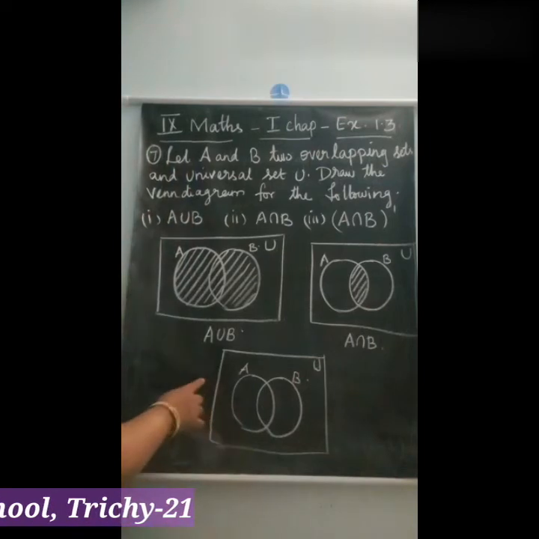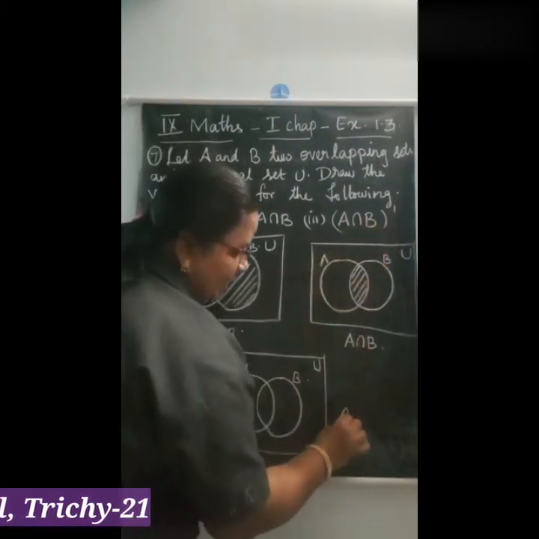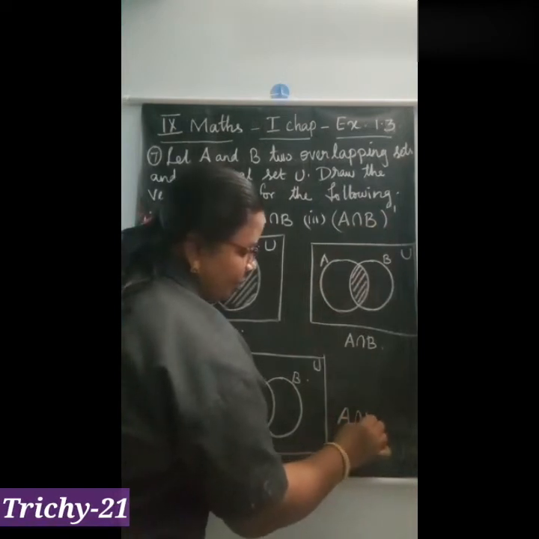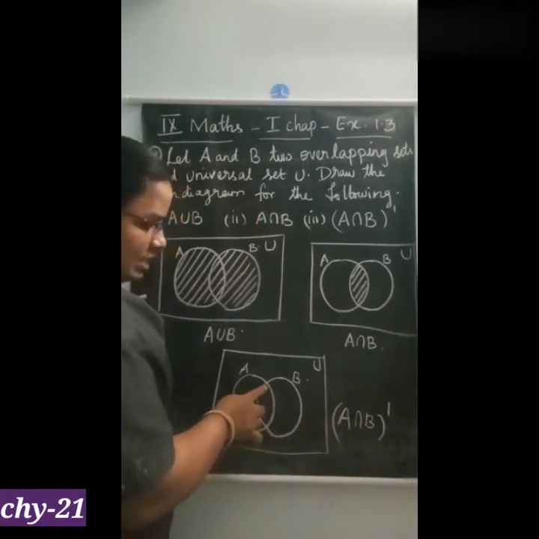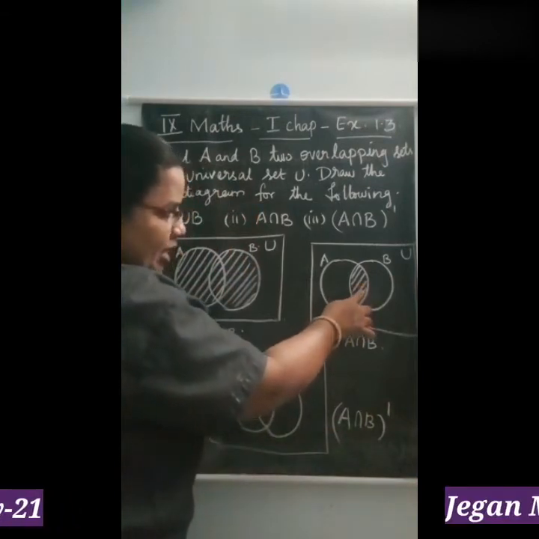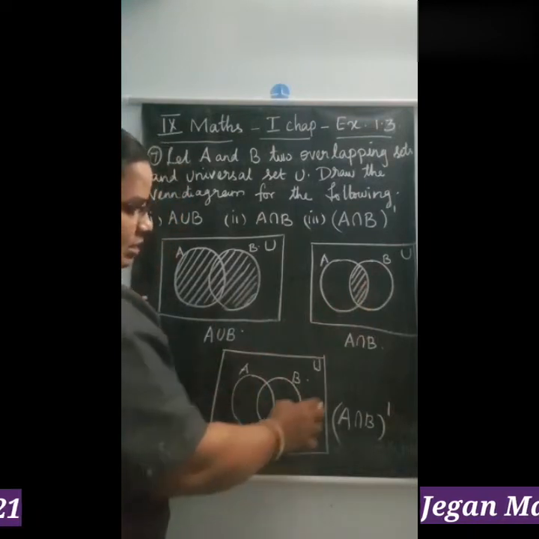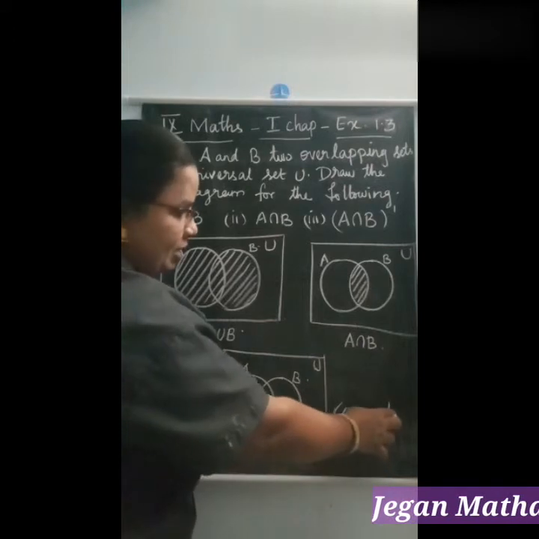Okay. Next, the third one, (A intersection B) the whole dash. Except this A intersection B part, the remaining parts in the universal set are (A intersection B) the whole dash.